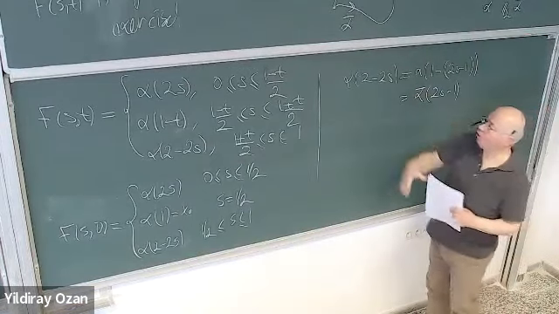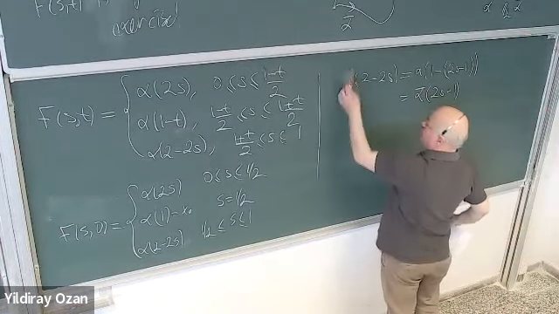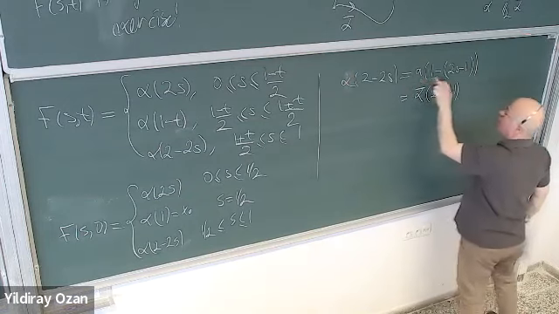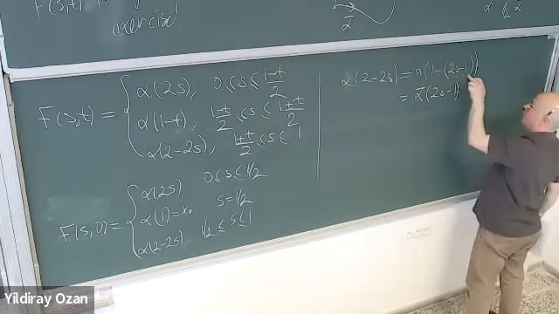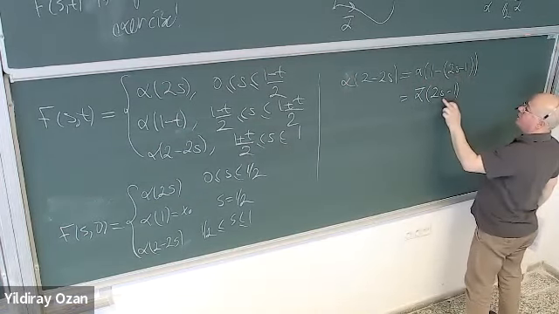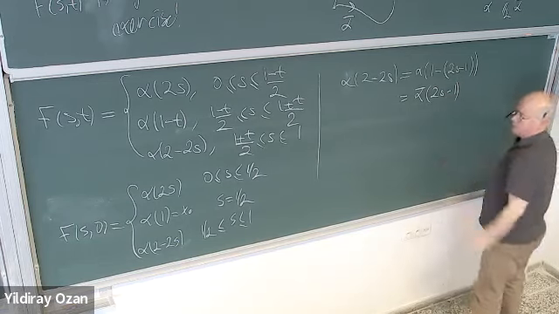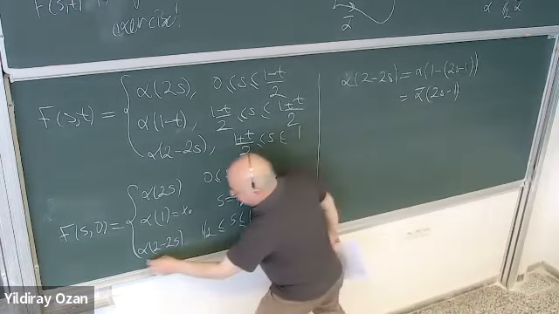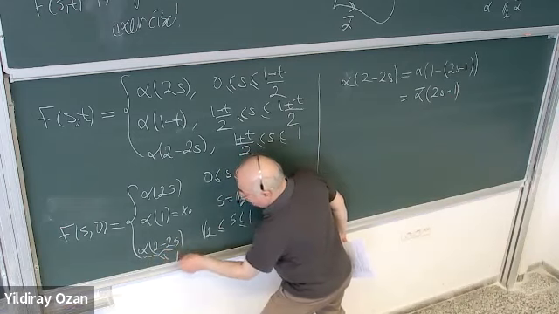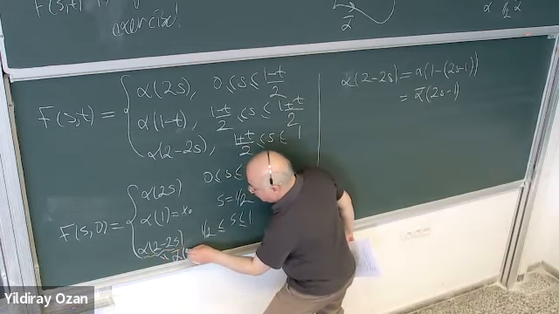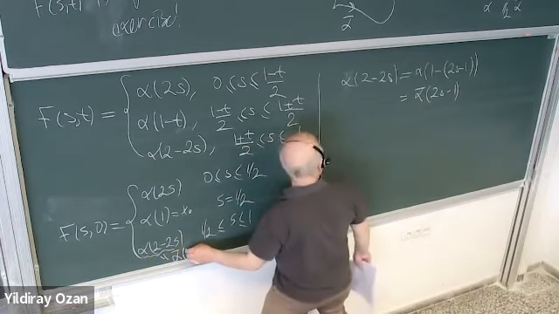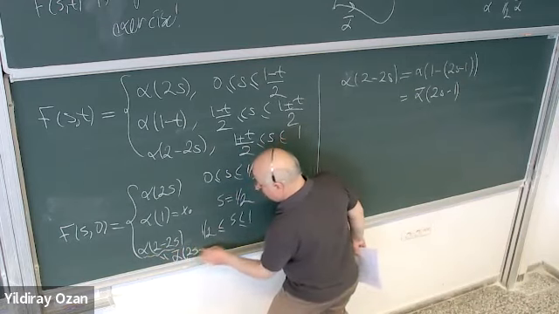So alpha of 2 minus 2s is just alpha of 1 minus (2s minus 1), and that is just alpha bar of 2s minus 1.